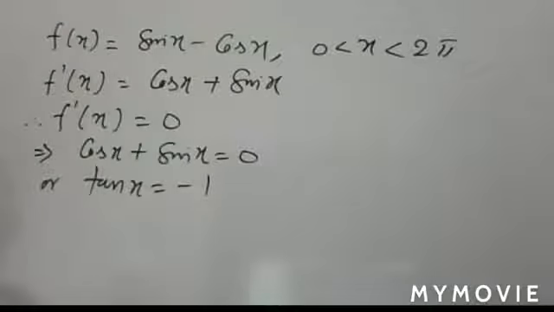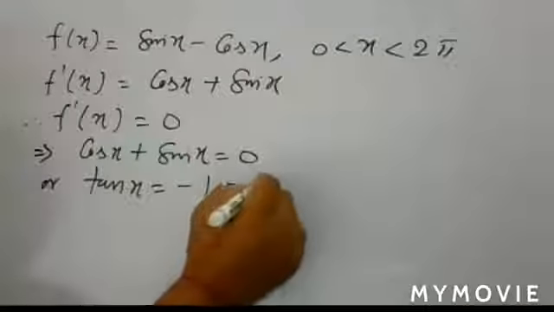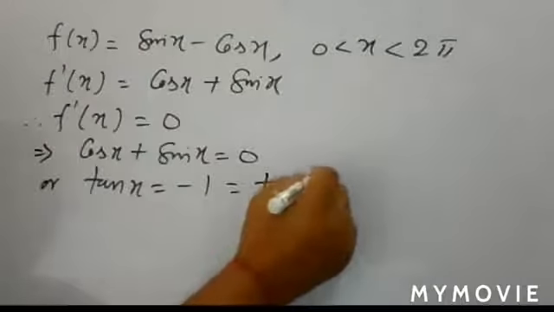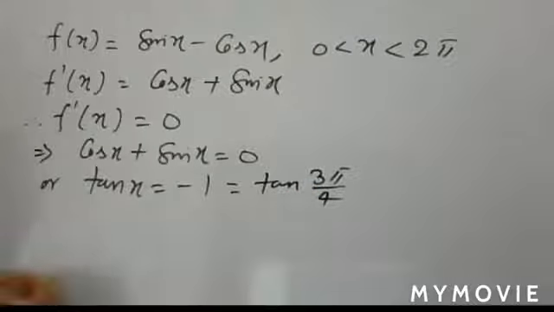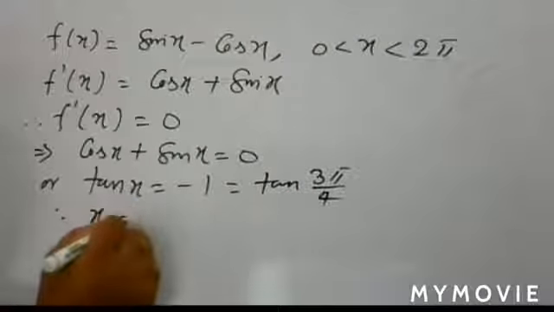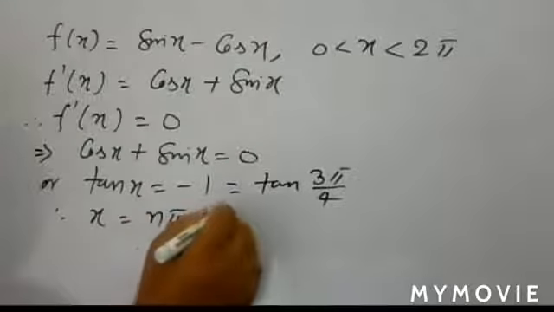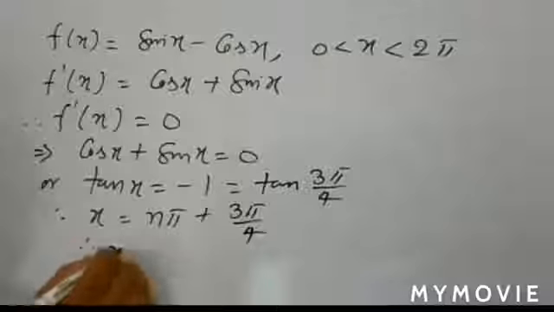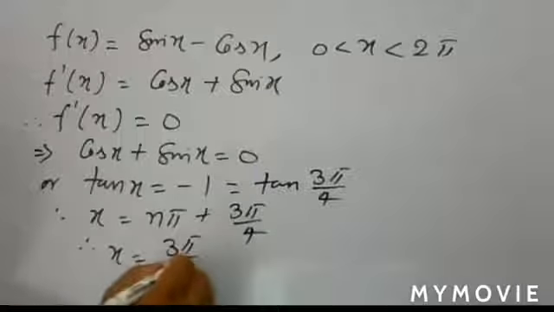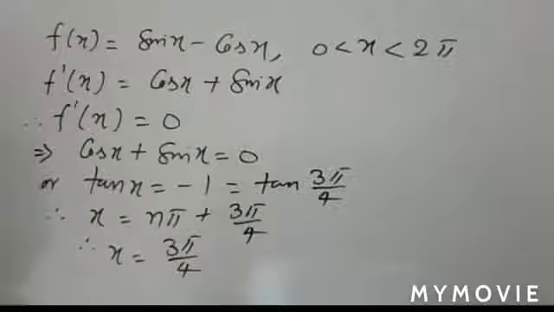And the value of tan x is equal to tan of pi minus pi by 4, meaning tan 3 pi by 4. Now you write its general value. So x is equal to n pi plus 3 pi by 4. If you put n is equal to 0, you have one value, which is 3 pi by 4.